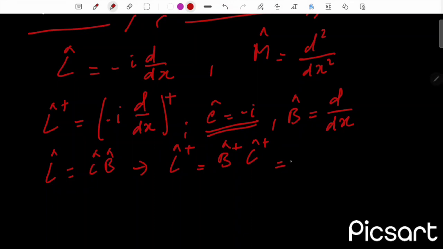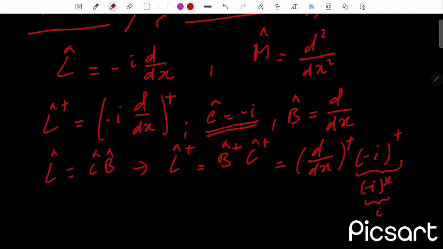Then this means that we have d over dx dagger times minus i dagger. We showed in the previous video that the conjugate operator of a number is equal to the complex conjugate of the number, and here we have minus i complex conjugate, which is equal to i.